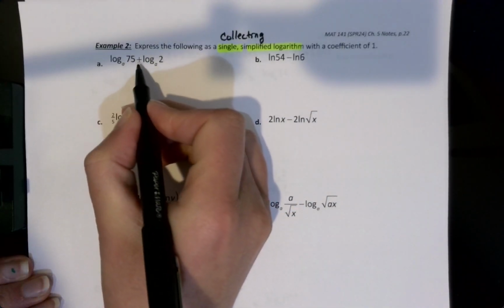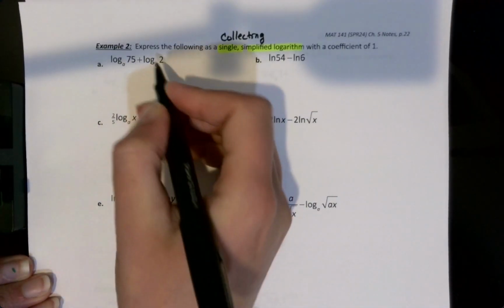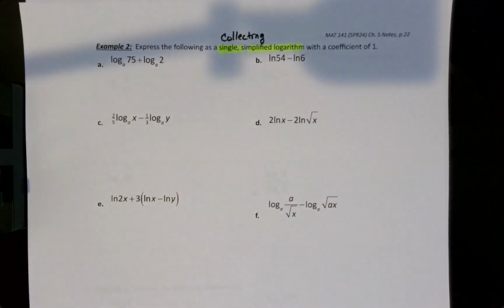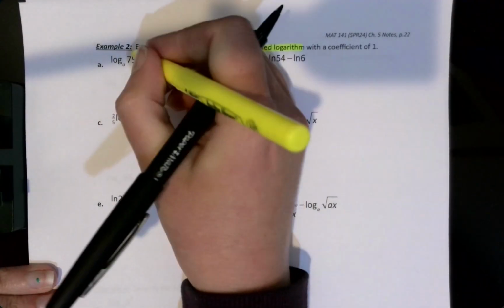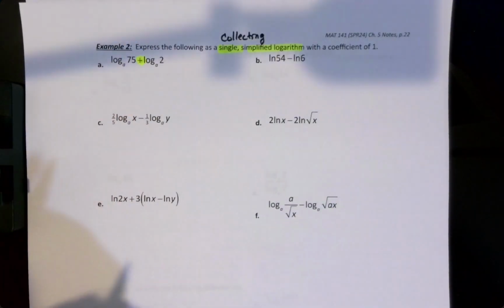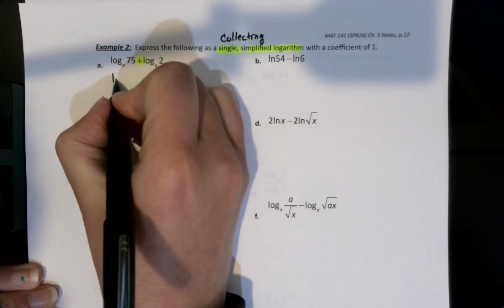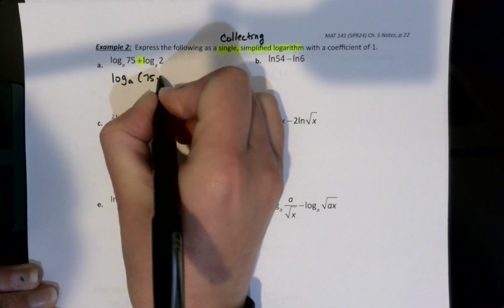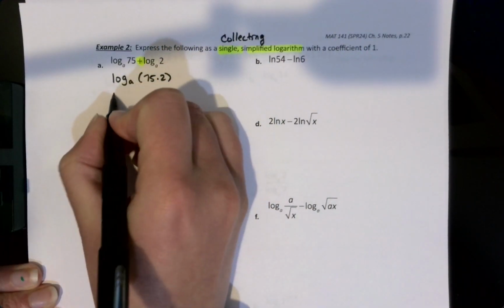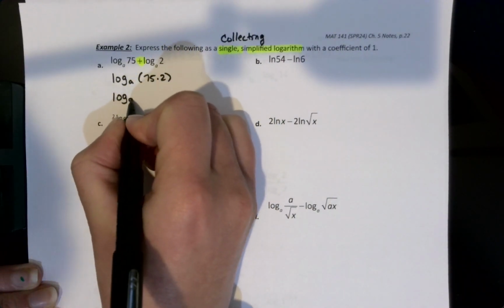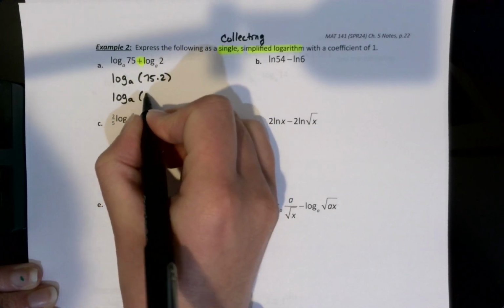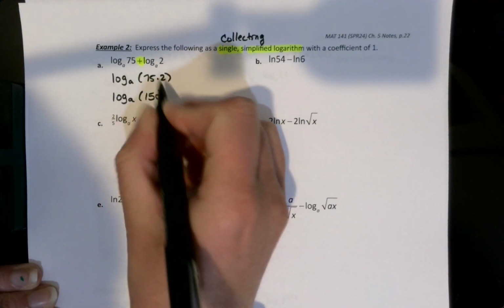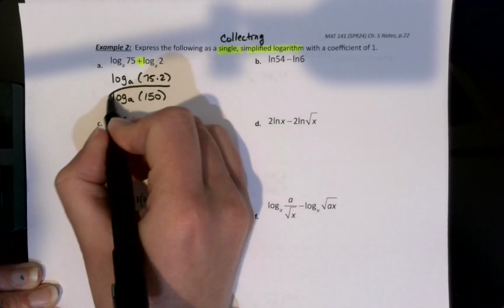Log base a of 75 plus log base a of 2, that addition there is going to turn back into a multiplication inside of the logarithm. So I will have a single logarithm, base a, of the product 75 times 2. Since those are both numbers, I can write that as log base a of 150. So multiply the 75 times 2.